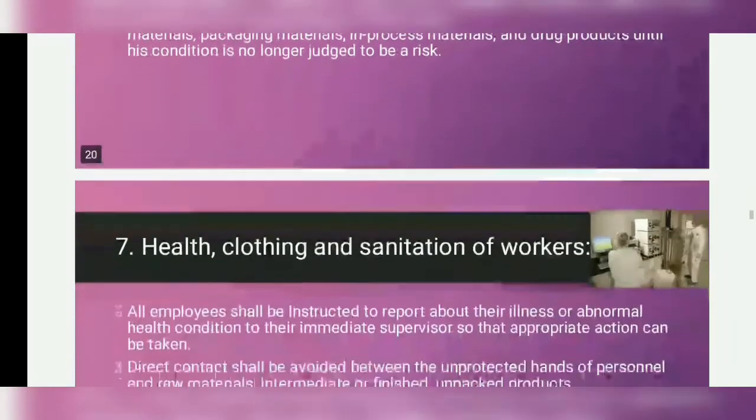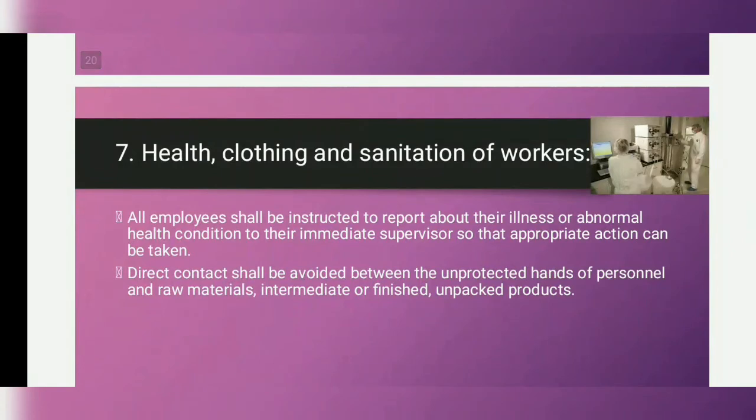Now let us see some more points about health, clothing and sanitation of workers. All employees must be instructed to report about their illness or abnormal health condition to their immediate supervisor so that appropriate action can be taken.